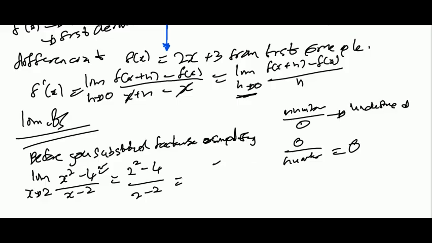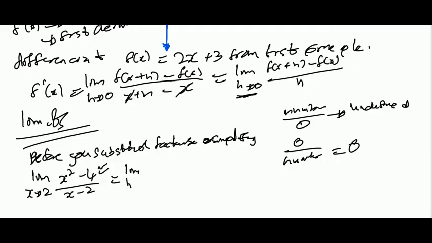So now let's follow what I've just said above. I said we factorize and we simplify where possible. So let's start by factorizing. X squared minus 4. Can we factorize it? Yes. Remember, as long as you haven't substituted what x is approaching, you continue writing the limit as x approaches 2.